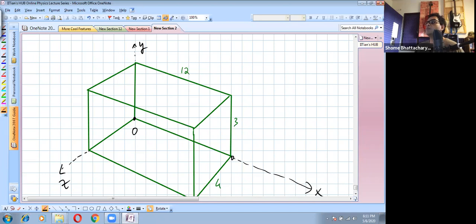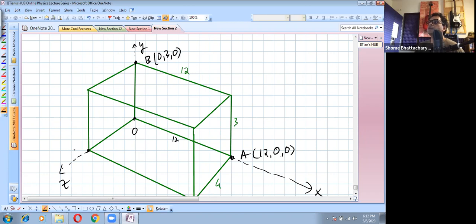Let's say this corner point is the point A. It has coordinates 12, 0, 0. It is lying on the x-axis and this side is 12. Similarly, this corner point is B, with coordinates 0, 3, 0.